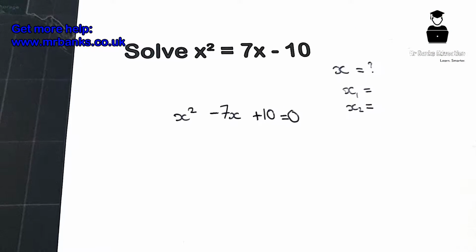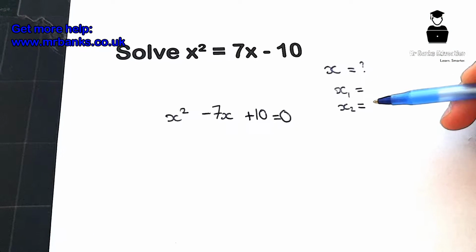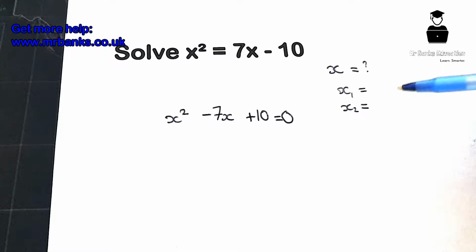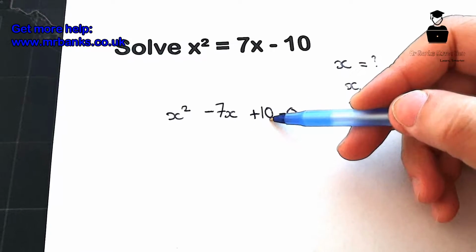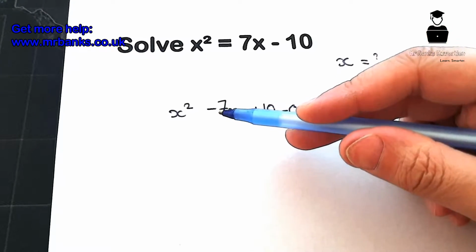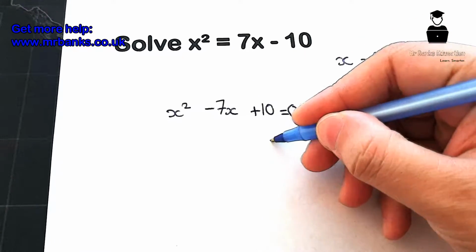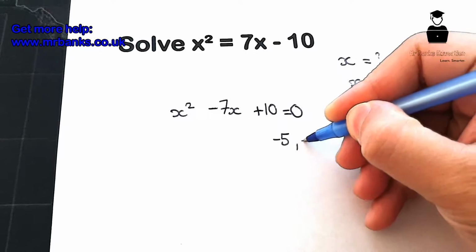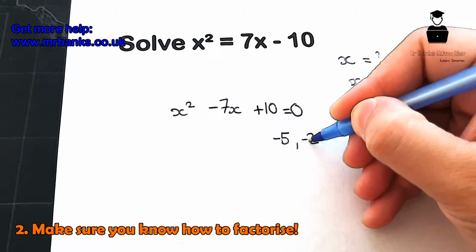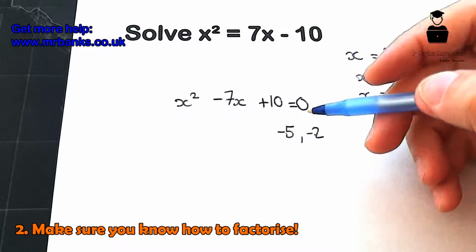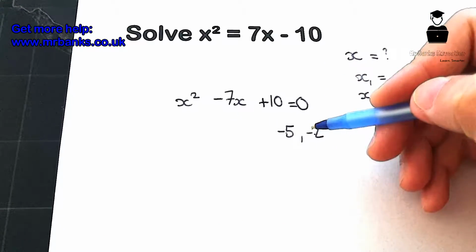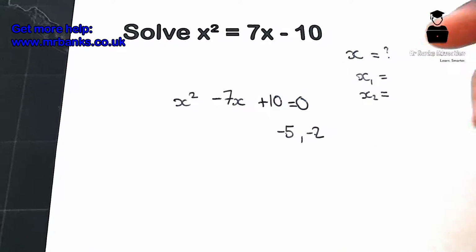Now in order to do this, I said earlier we had to factorize it. Let's try factorize it. So what two factors of 10 make minus 7? The answer is going to be minus 5 and minus 2, because minus 5 times minus 2 makes positive 10, and minus 5 minus 2 totals up to make minus 7.